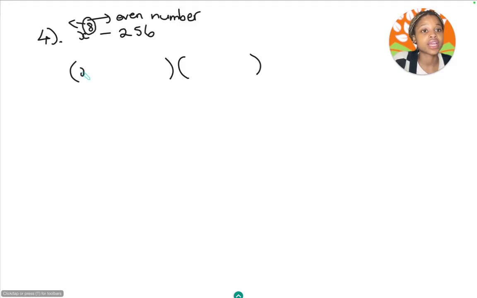So we've got x to the power of 4 minus 16, x to the power of 4 plus 16. So I basically had to find the square root of x to the power of 8 and the square root of 256, and this is what I got. I can see that this is a difference of squares, but this is not, so that will stay the same.